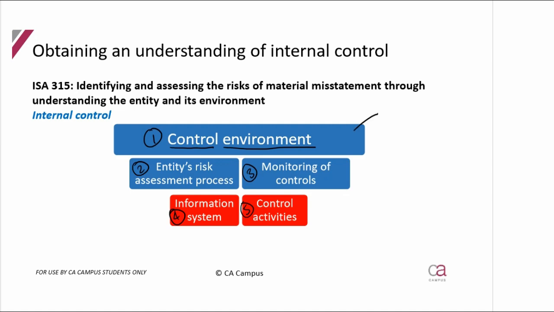This would be something like the culture of the business, how it's run, the atmosphere when you walk into that business. But now specifically, what is that culture, the running of the business, the atmosphere with regards to controls. So specifically now linking it back to controls.